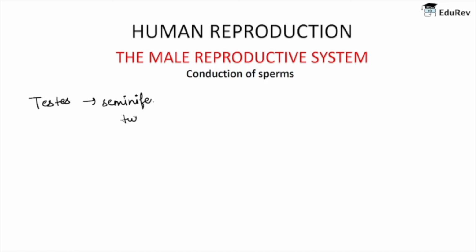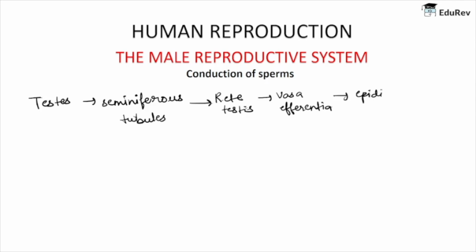Now from the seminiferous tubules, it enters the rete testis to the vasa efferentia, to the epididymis, and through the epididymis it enters the vas deferens.